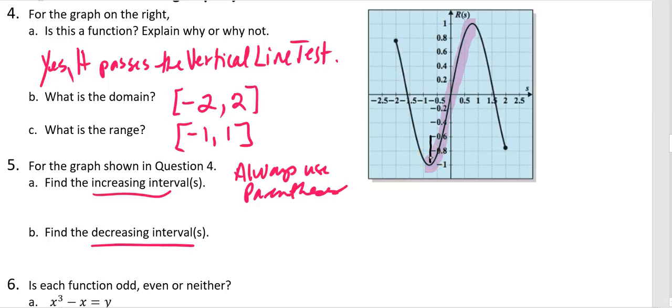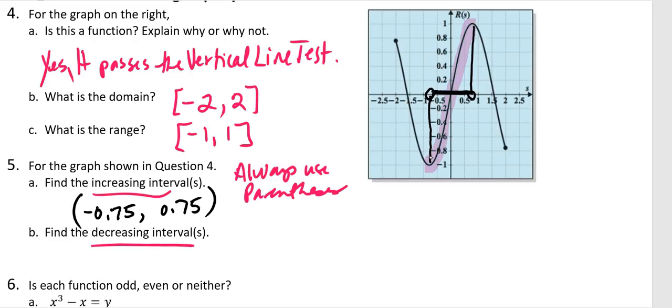Go ahead and transfer that location of where it turns to the x-axis. Now use an open circle because I'm not going to include those points. I don't want to include the endpoints where it's turning, the valleys and the mountaintops. Instead, I want to include this area. So I can describe that as negative 0.75 to positive 0.75. And I'm going to use parentheses because I'm talking about an interval.